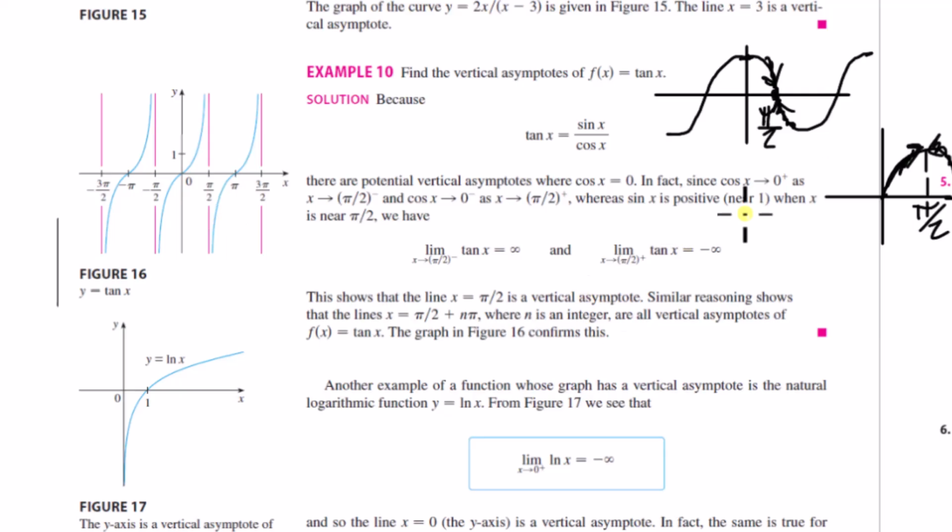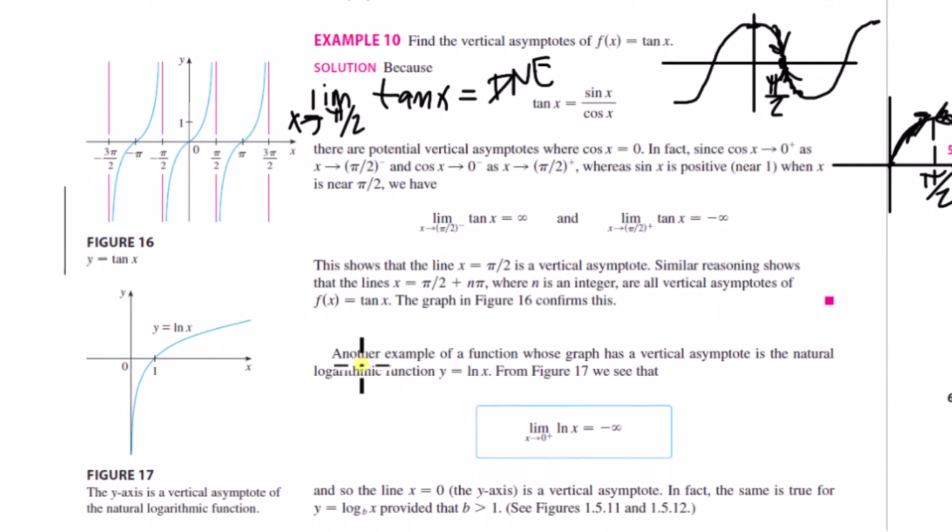But we can see that in general, if we said the limit as x approaches pi over 2, or any integer times pi over 2, we can't say that, not one-sided, this limit of tangent of x is equal to plus or minus infinity. No, this would be does not exist.